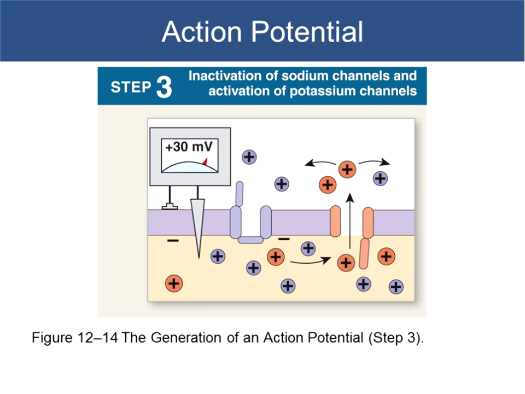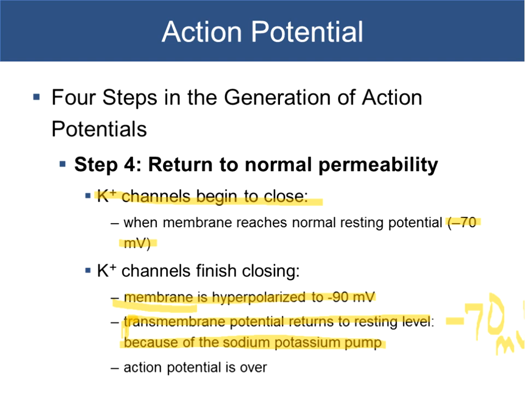Sodium channels, we're done with sodium. We're going to close them. So now, notice the purple for sodium. Those are closed at plus 30 millivolts. And we're going to have the potassium channels open up, and they're going to leak out of the cell. We're going to end up kicking out so much potassium that we get really, really low.